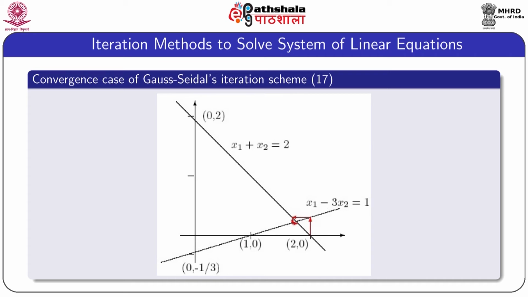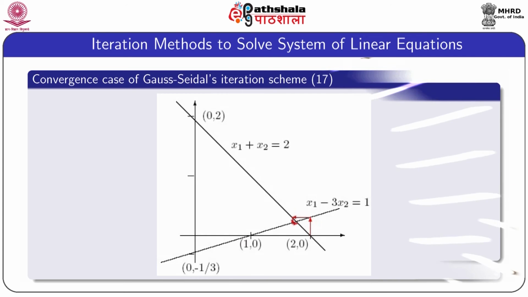The point of intersection gives the exact root of the given system of equations. That means the iteration scheme gradually converges to the point of intersection.